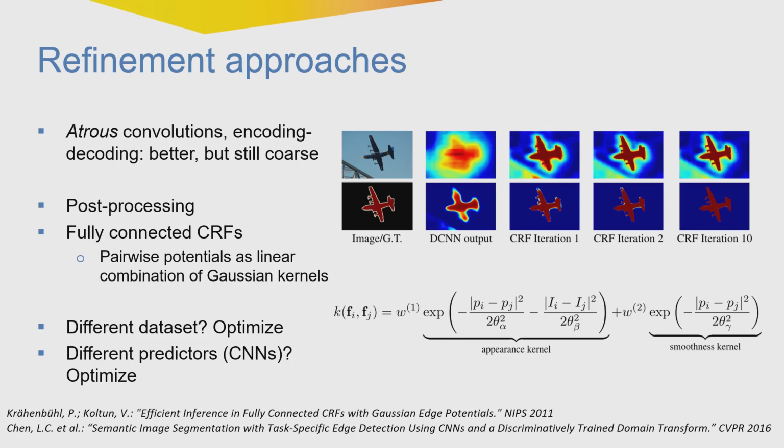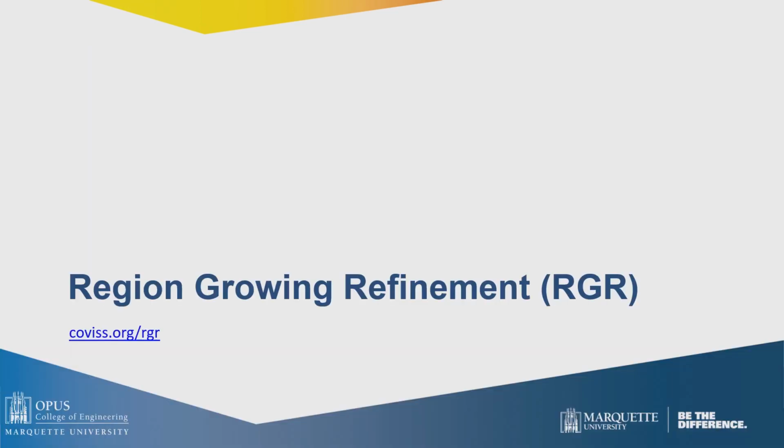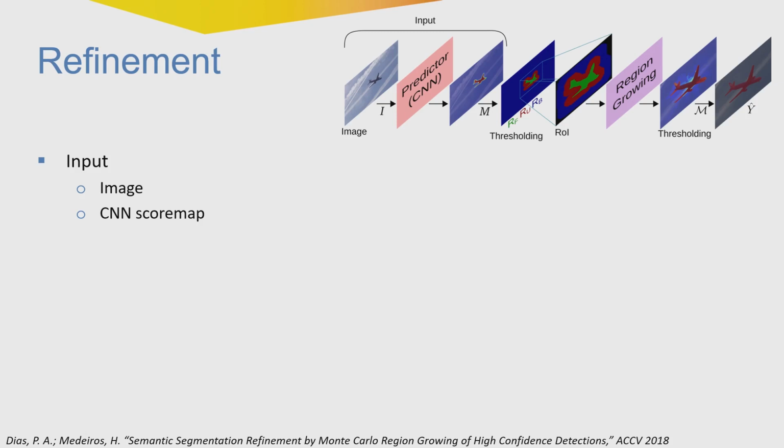So this was the motivation that we had to come up with an algorithm that allows you to do refinement but does not have this sensitivity to hyperparameters. We call this a region-growing refinement algorithm, which we developed inspired by the idea of superpixels.